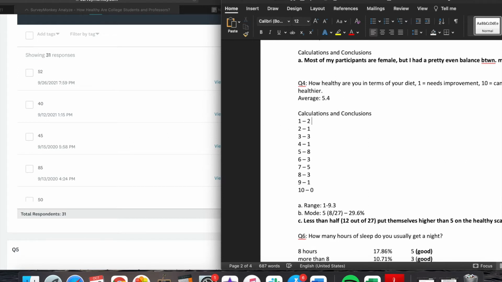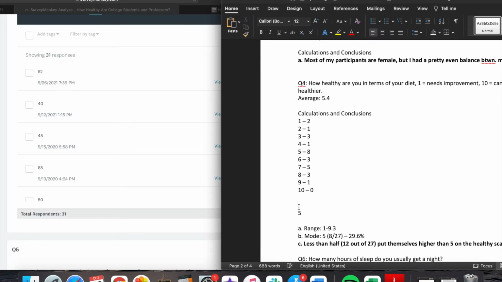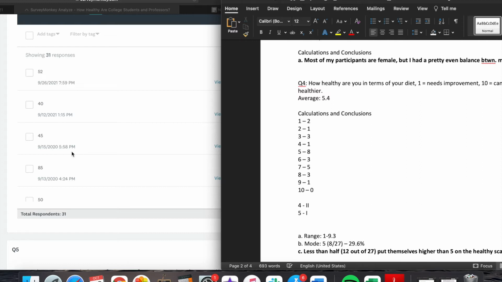First of all, I tallied, right? So if I were really doing this, I would say there's a 5, there is a 4, but then there's another 4, so now I have 2 4s. There's 2, and this is 1, and then I have a 5, a 4, a 4, then I have an 8.5, so I'm just going to say that's 8, so 1, then I have a 5, I have another 5.